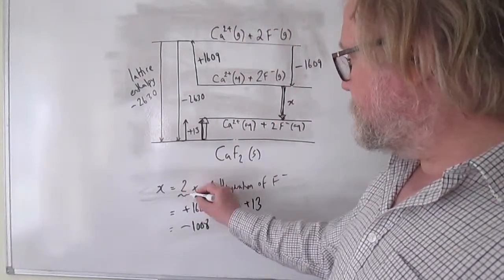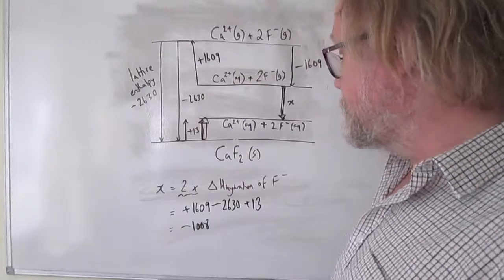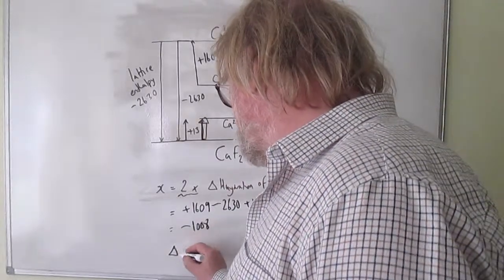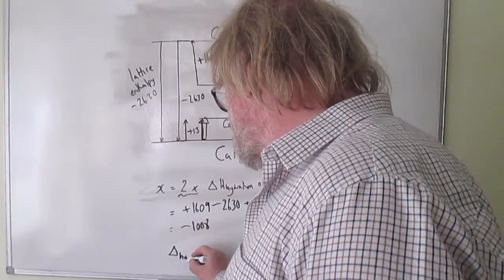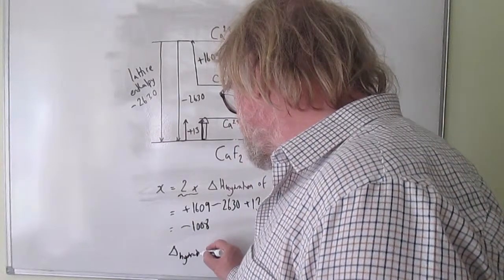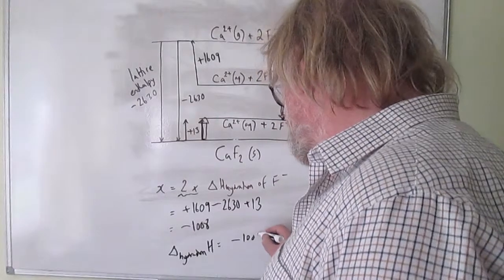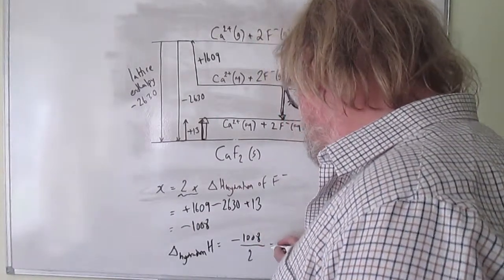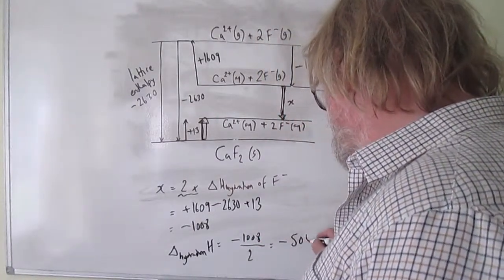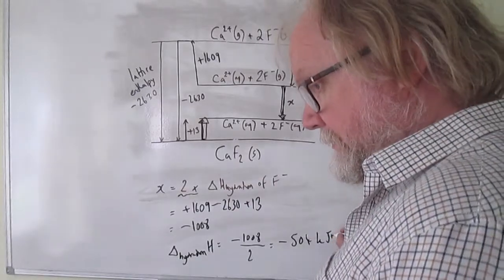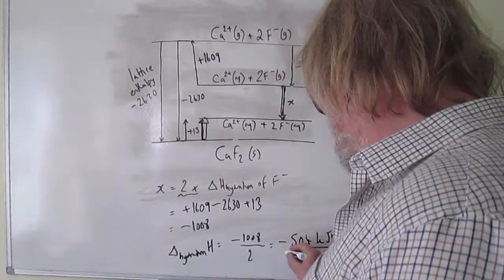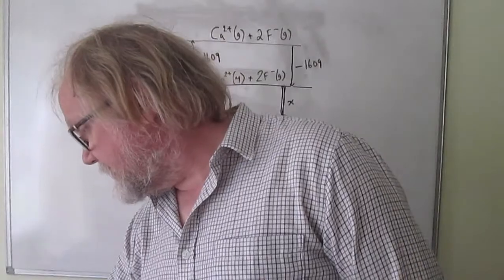But remember, that's 2 times delta H of hydration. So we can therefore conclude that delta H of hydration is equal to minus 1008 divided by 2, which is minus 504 kilojoules per mole. And therefore that's your answer.